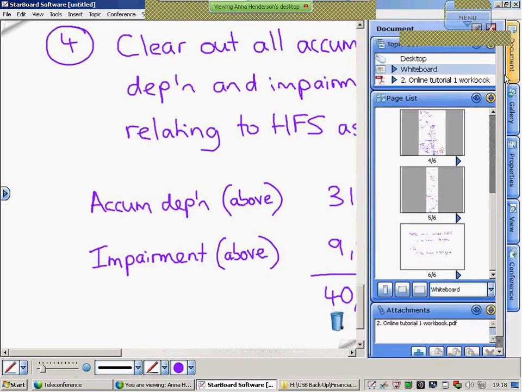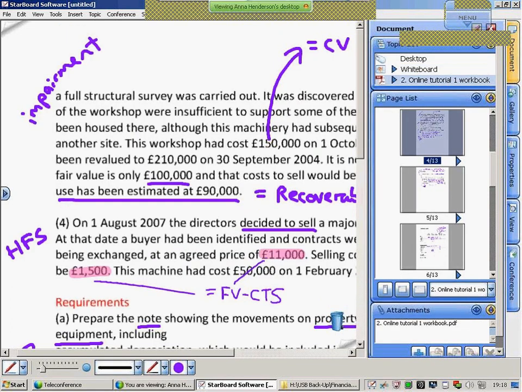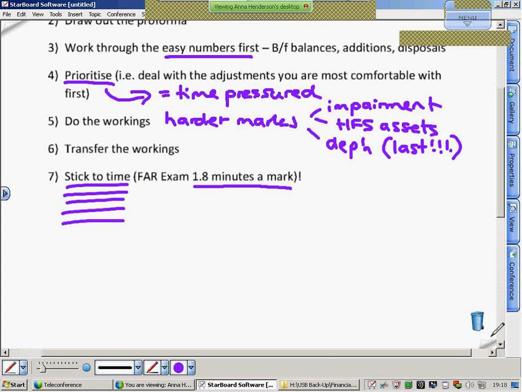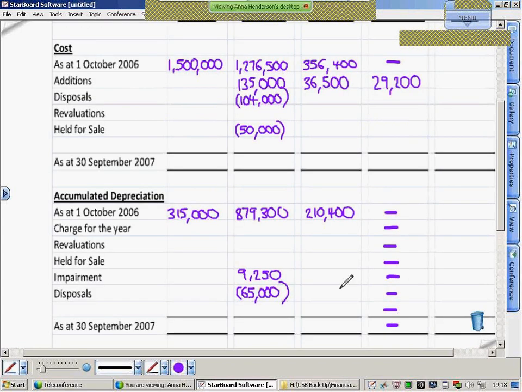Pro forma now. 40,050 being, or 4,500 being deducted. And you might not want to write this in your workbook, but just to prove my point again, essentially this is the bit people don't like. So in goes the impairment.